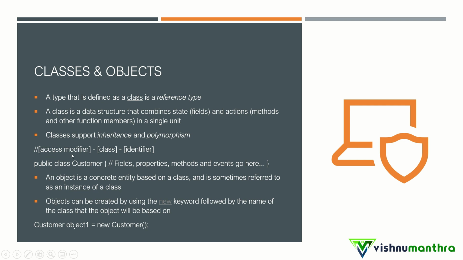As I said, there is something called an access modifier. This access modifier provides the accessibility of the class. When we mention the access modifier as public, it means that this particular class is available to any other class, so that any fields or properties in this class can be used by any other class as well, as long as this class is referred to.